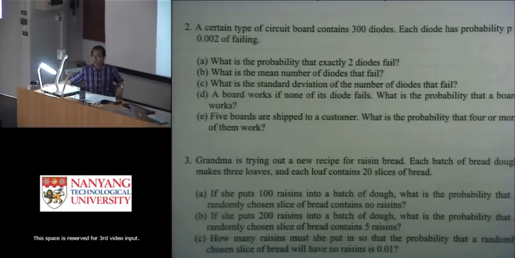One circuit board contains 300 diodes. So what's the probability that 2 out of 300 fail?